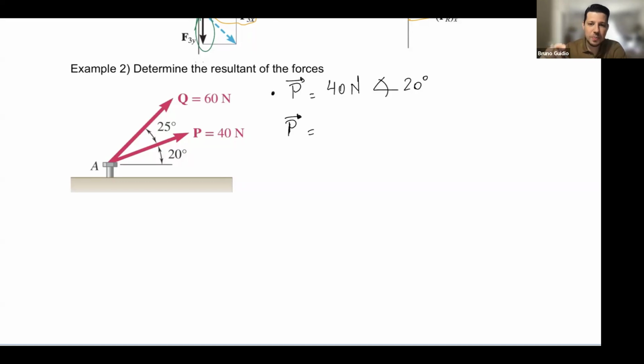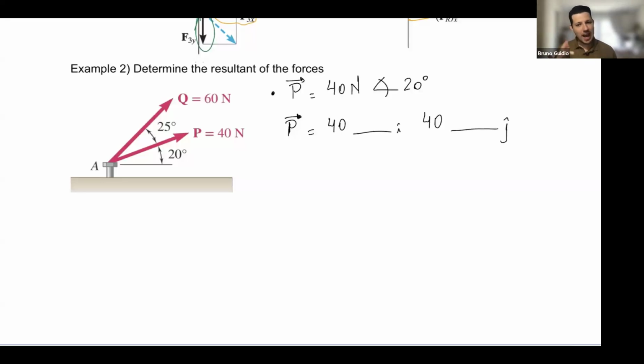Meaning, what's going to be the x and y component? Well, I know for sure that x is going to be 40, the magnitude, times some angle sine or cosine, and y is also going to be 40, sine or cosine. This is going to be i hat, this is going to be j hat.